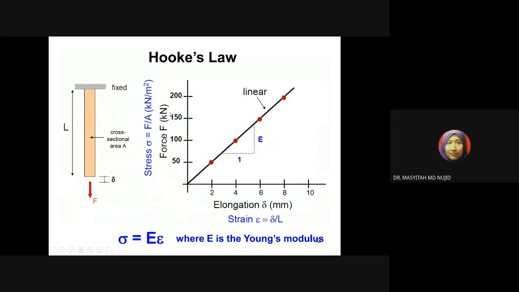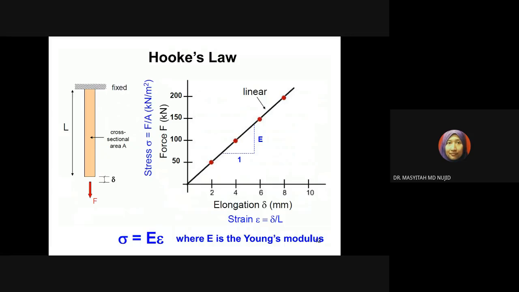When you plot the force versus the elongation, this will be the behavior of the material that happens linearly. I mean that when you have a force of 50 and the elongation is a 2 millimeter change, and then you increase the force to 100 and up to a maximum of 200, you will see that the elongation also increases linearly as the stress increases.